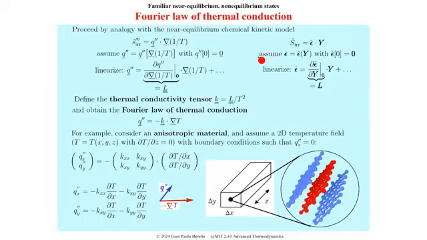So let's do the same procedure. Let us assume, like we did, that the epsilon dot is a function of the affinity, with the function being 0 at equilibrium. Let's assume the same here: that the heat flux vector is a function of the gradient of the inverse temperature.